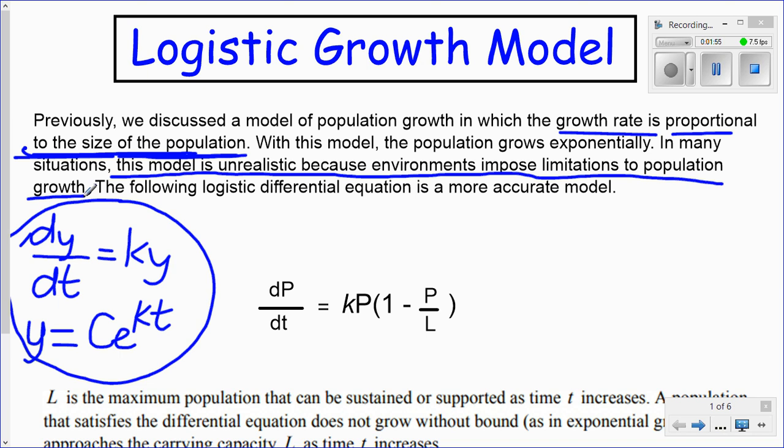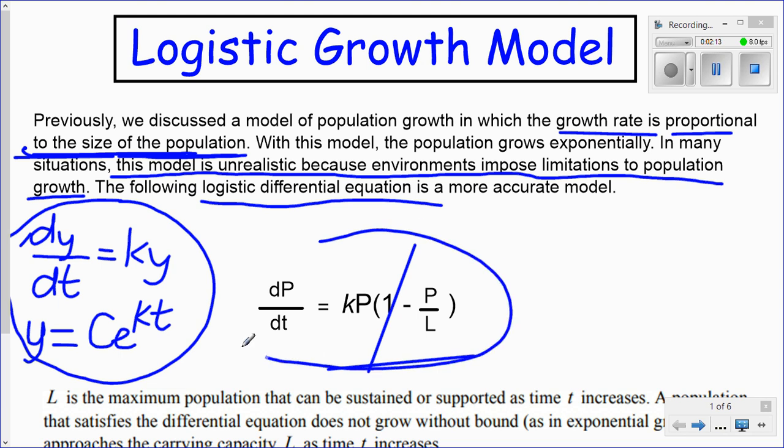So a better or more accurate model for population growth is often what we call the logistic differential equation. And it looks like this. dP over dt equals k times P times 1 minus P divided by L. Okay, so in this model, P is the population, dP over dt is the rate at which the population is changing over time. k is still the growth rate of the population.